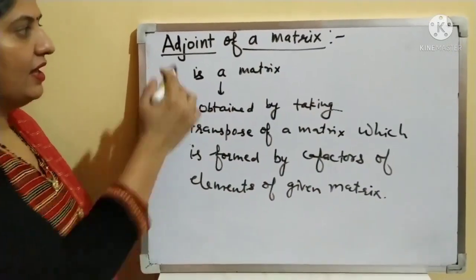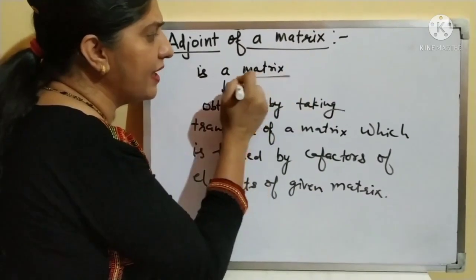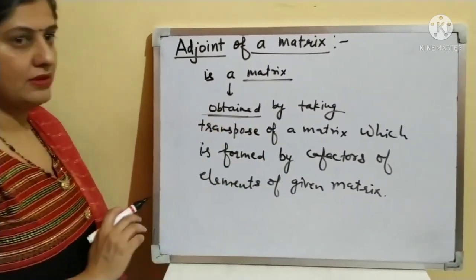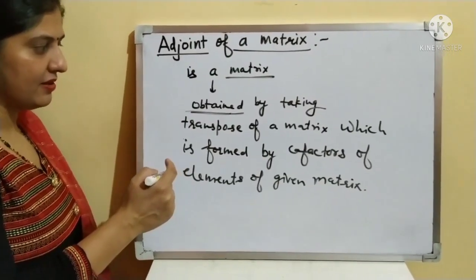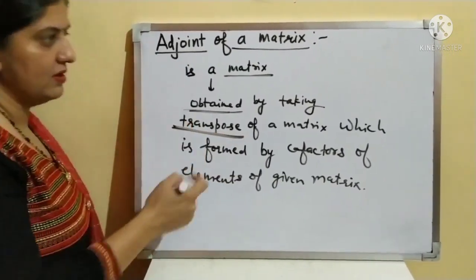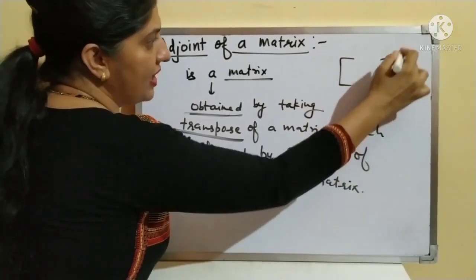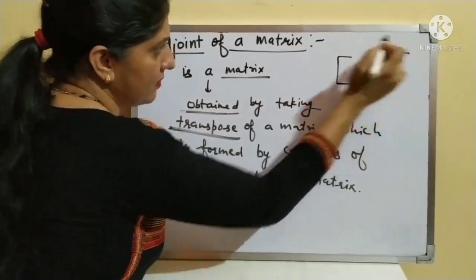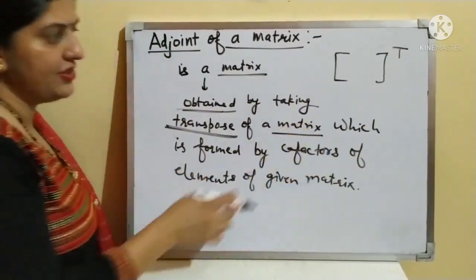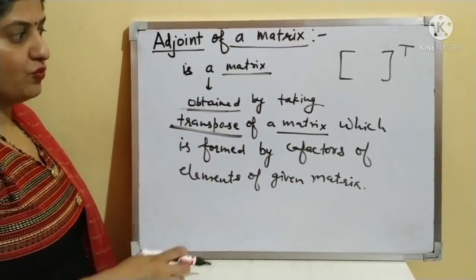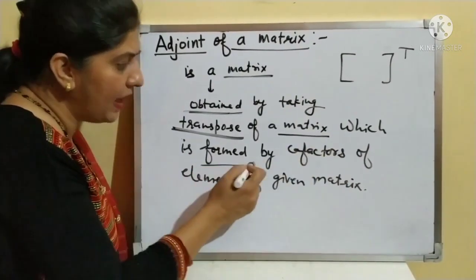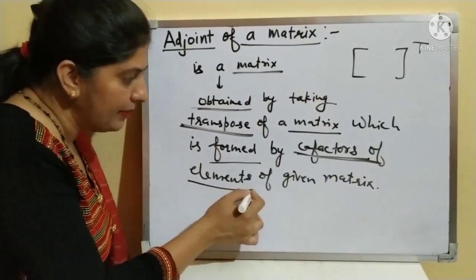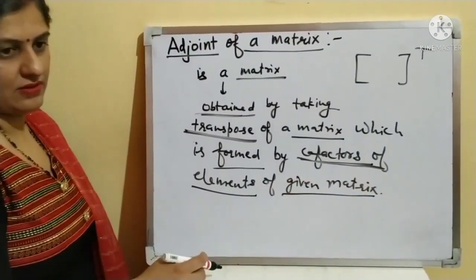What I am saying, adjoint of a matrix is again a matrix which is obtained just by taking transpose of a matrix, which matrix? Which is formed by cofactors of elements of given matrix.